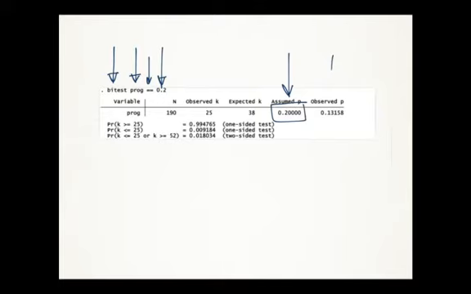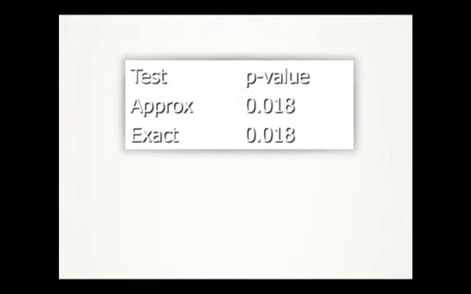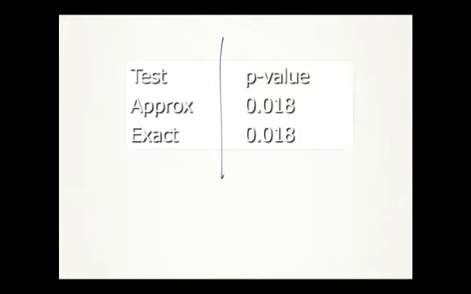Here's the observed, 13%. And then down here we get the two-sided p-value of 0.018. Okay? So exact same conclusion we reached when we did the test using the normal approximation. So this just kind of drives that point home.